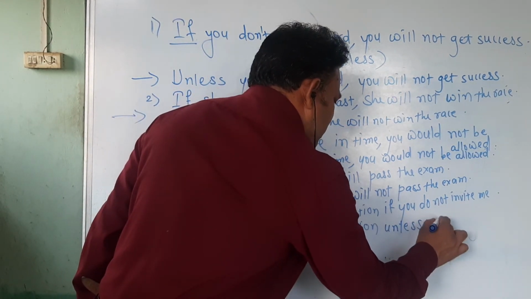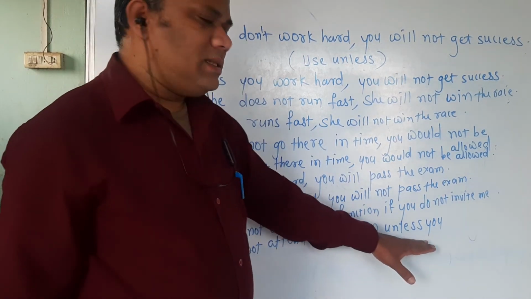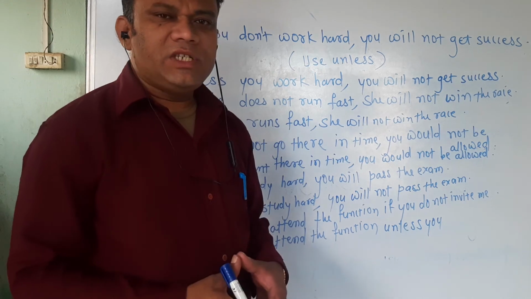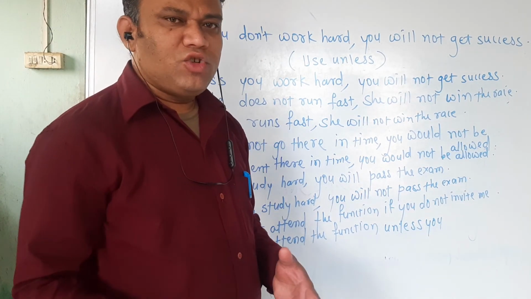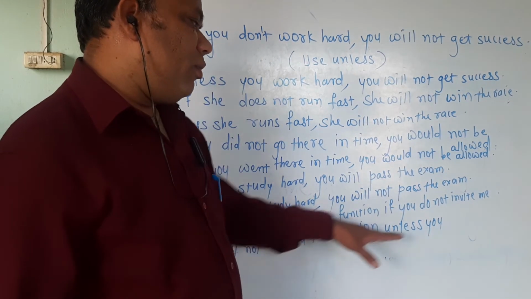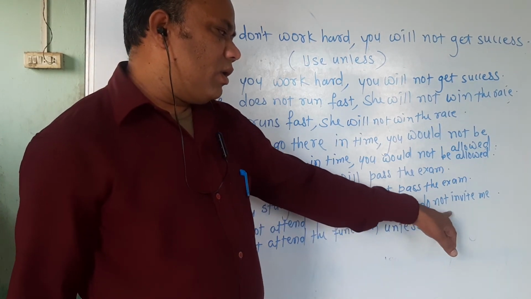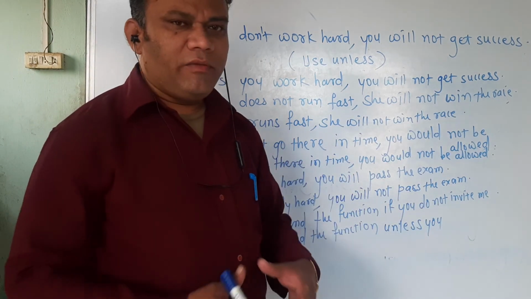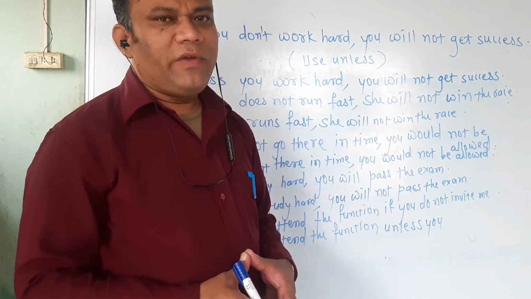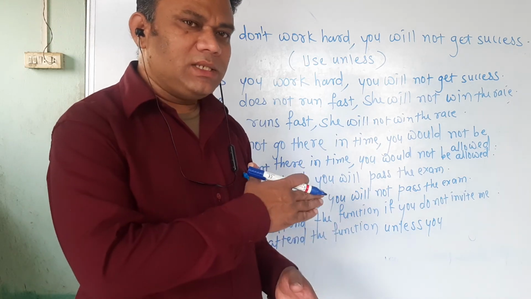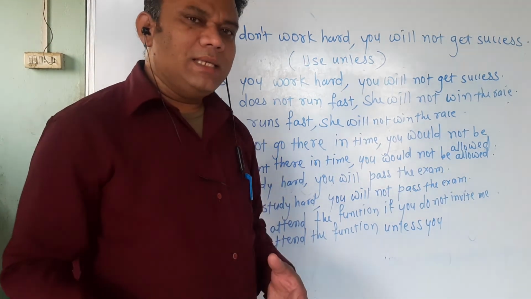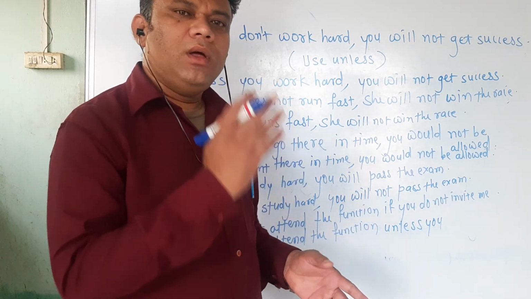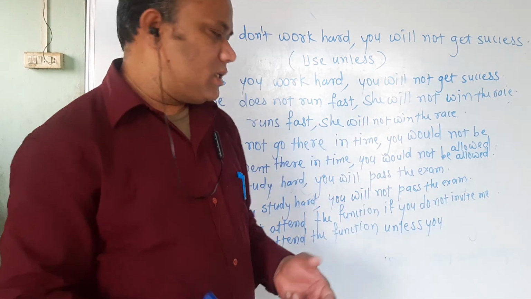Now, the subject, as unless itself contains not, so obviously the first verb which comes after it has to be made affirmative, and for making this verb affirmative we have to cancel not, and here do is used along with the not. So instead of cancelling just not, we have to cancel do not, and cancellation of do not doesn't affect the main verb. Even after cancelling do not, the main verb we have to write as it is.